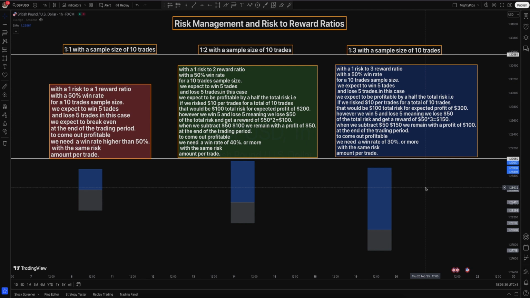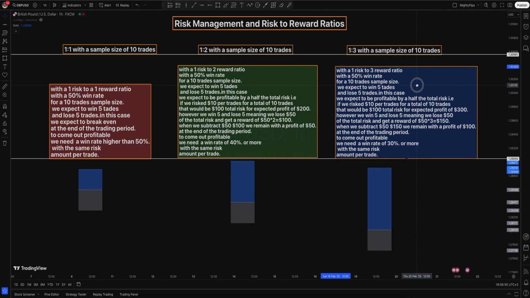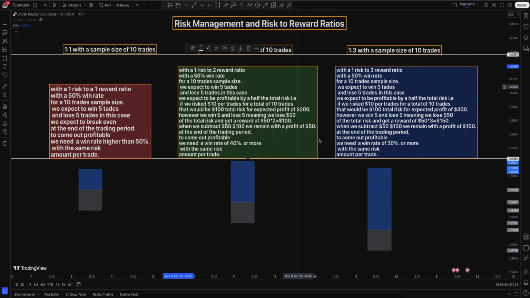Your loss will be $70, but your win will be $90. So 90 minus 70, you will still have $20 profit with a 30% win rate. Just guys, look at how this is changing your mind right now as far as your risk management is concerned.